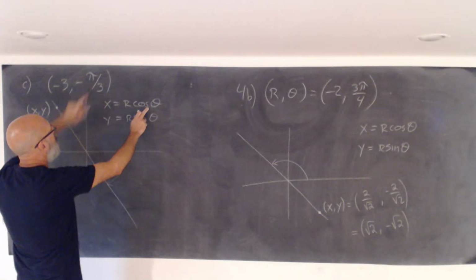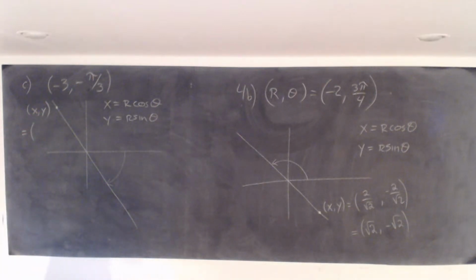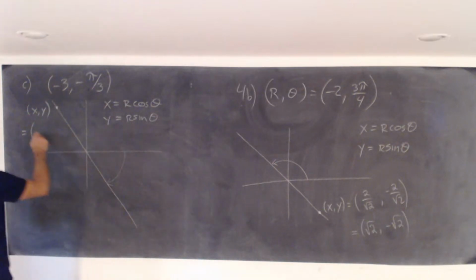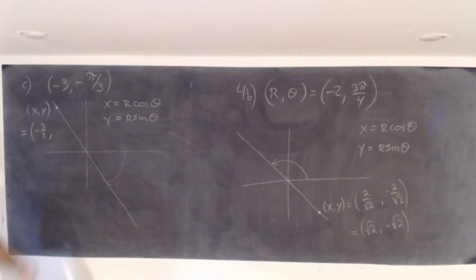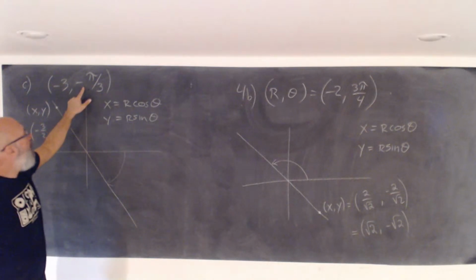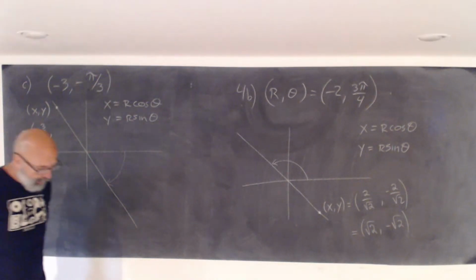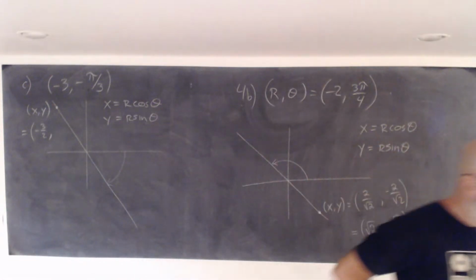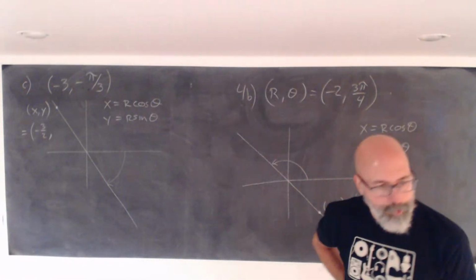Cosine of negative pi over 3 is the same as cosine of pi over 3, which is 1/2. So we get a negative 3 over 2. Sine of negative pi over 3, you know that sine is odd, so that is negative of sine pi over 3.